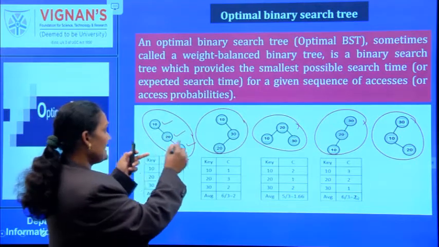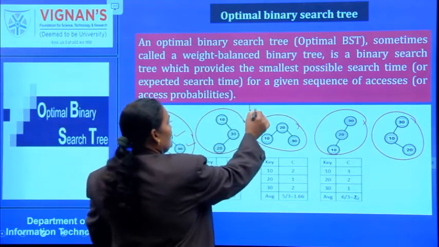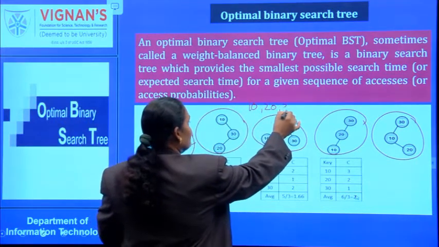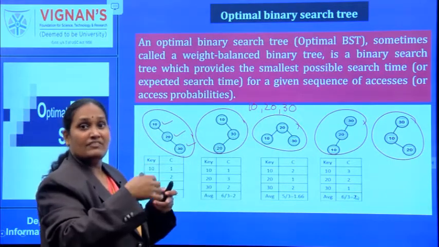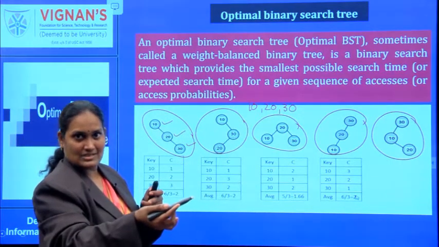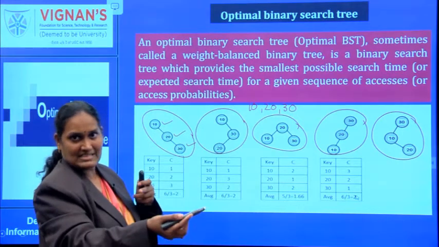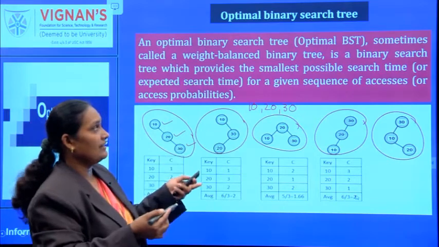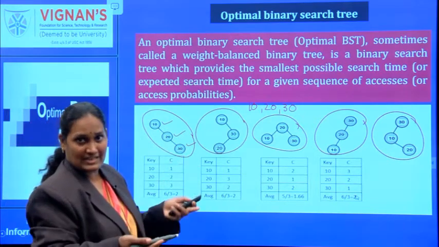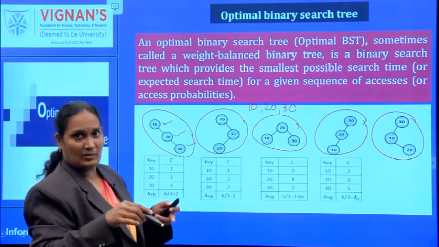With the same key elements 10, 20 and 30, I can represent 5 binary search tree organizations. Out of all those 5, the one which gives the search process efficiently, or the smallest possible search time, is called the optimal binary search tree.